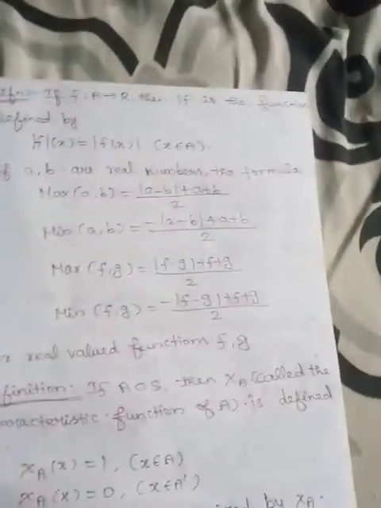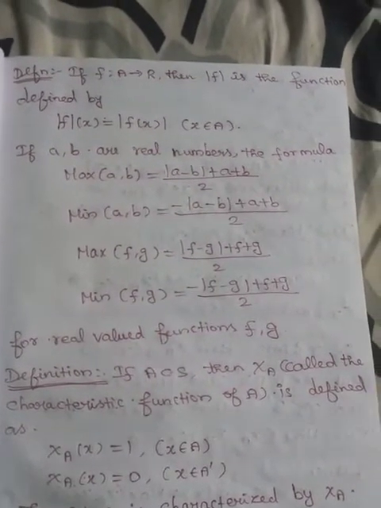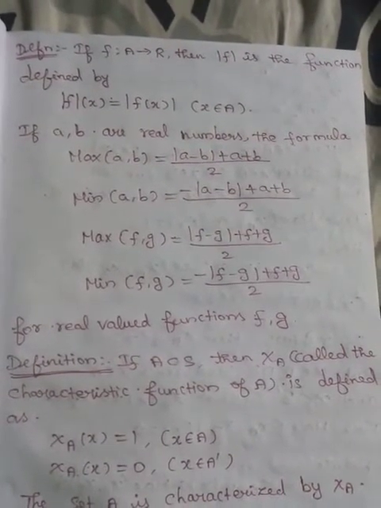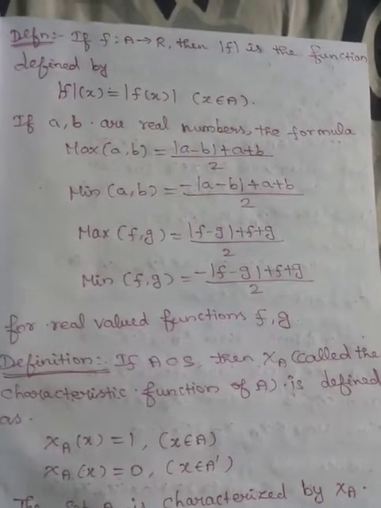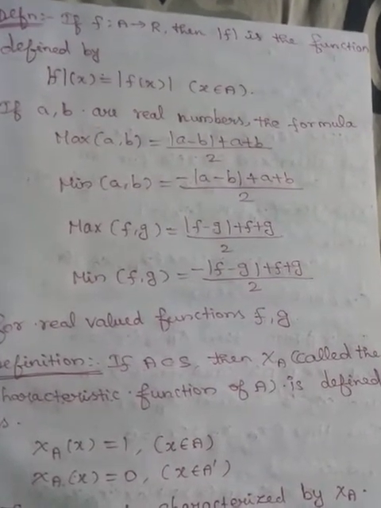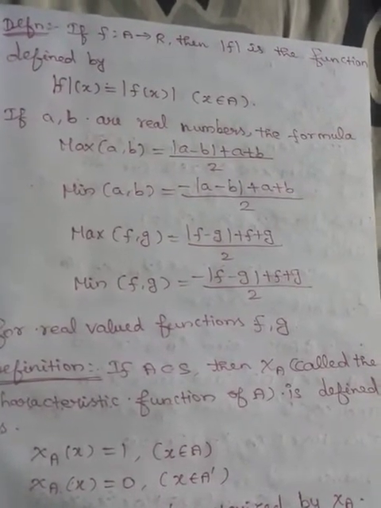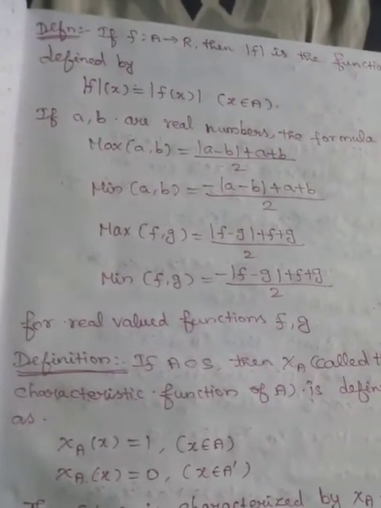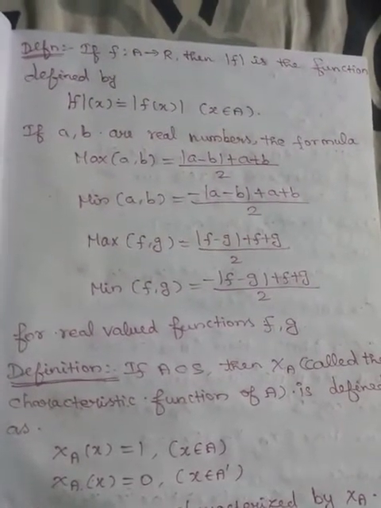First, max(a, b) = (|a − b| + a + b)/2. Next, min(a, b) = (−|a − b| + a + b)/2. Next, max(f, g) = (|f − g| + f + g)/2. Next, min(f, g) = (−|f − g| + f + g)/2, for real valued functions f, g.